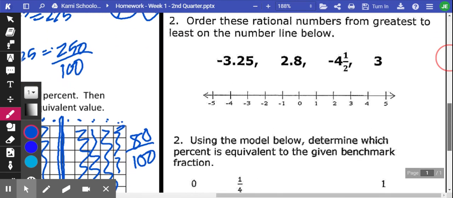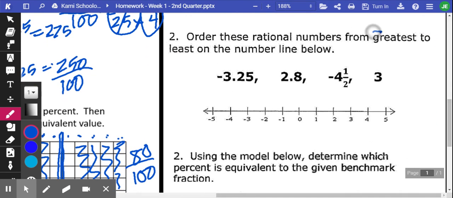Order these rational numbers from greatest to least. So let's put them into order on the number line first. So the first one, we're going to go to -3. So we're going to go 1, 2, 3, and then we're going to go past it a little bit more. So we got -3.25.